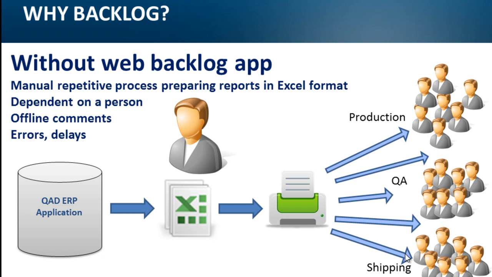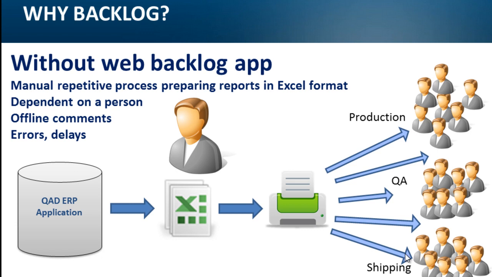The next morning he would come in early again, extract the data from QAD, bring over the comments from the previous day, and prepare the different versions, and so on. It was a very manual process, and as it's manual, it's not really reliable.